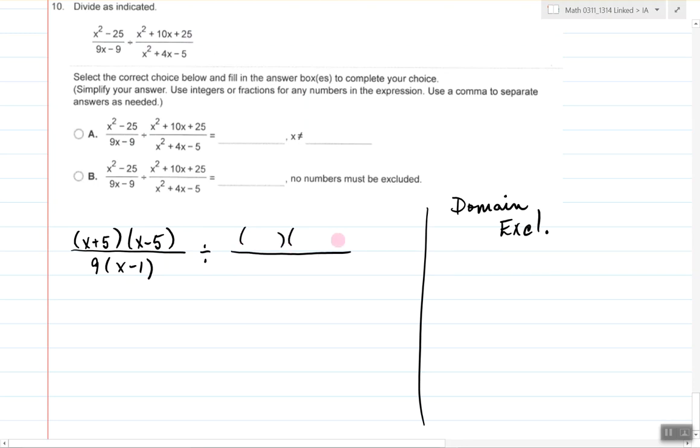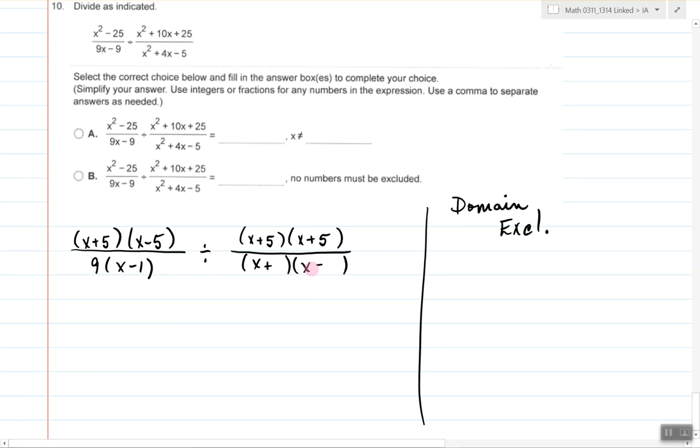It's going to be x plus 5 times x plus 5. Perhaps you saw it as a perfect square trinomial. Most people would have factored it this way. The denominator is also trial and error, but it's going to have 1 plus and 1 minus.